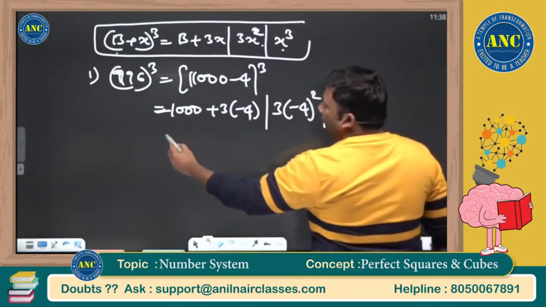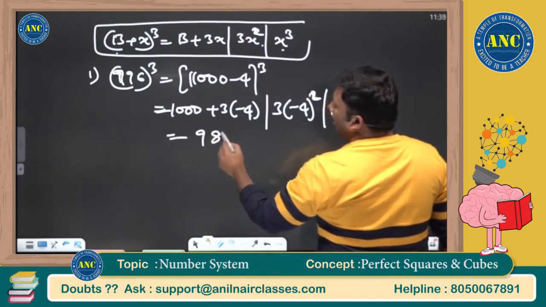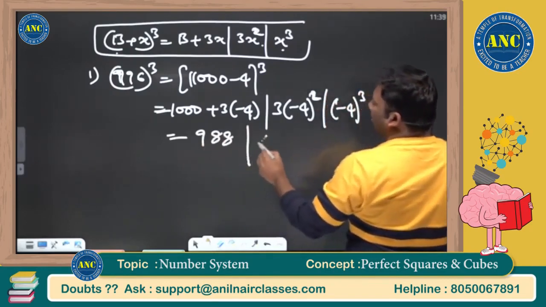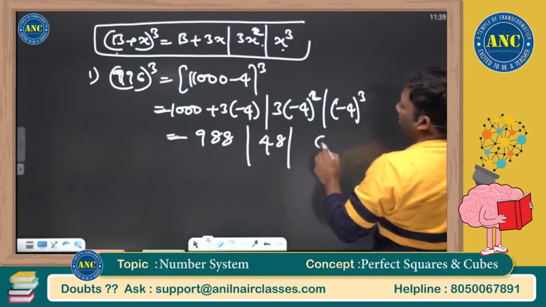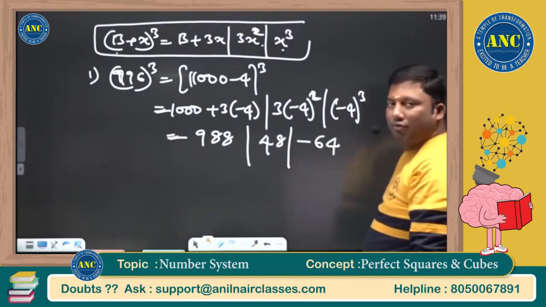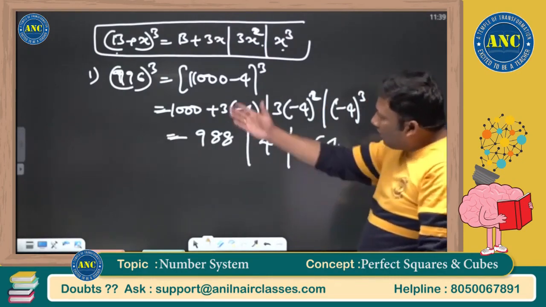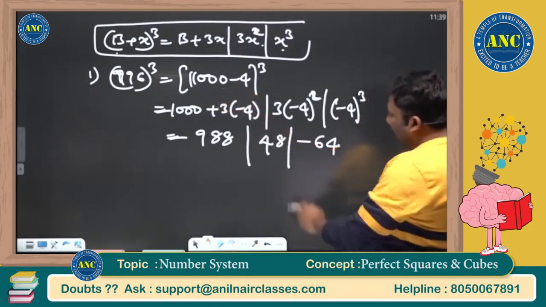1000 minus 12 is 988. 16 3s are 48. Minus 4 cube is minus 64. If I cube a positive number, will I get a negative number?